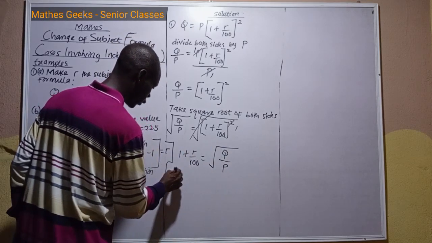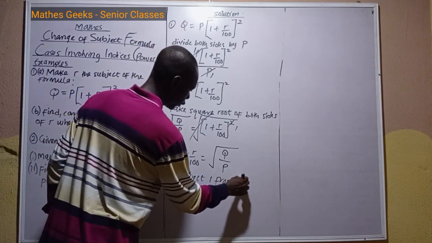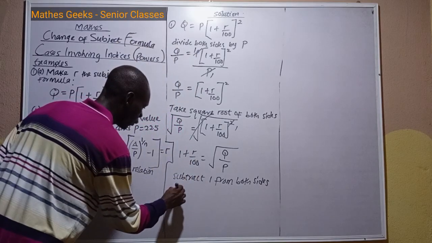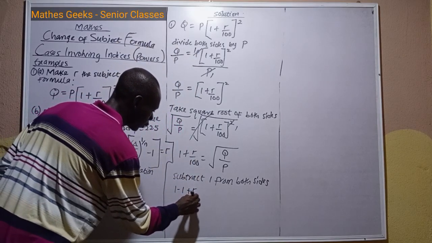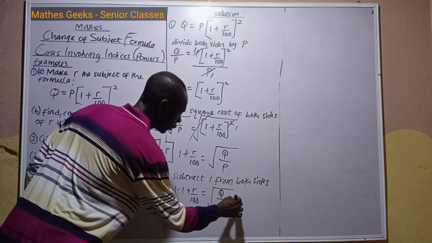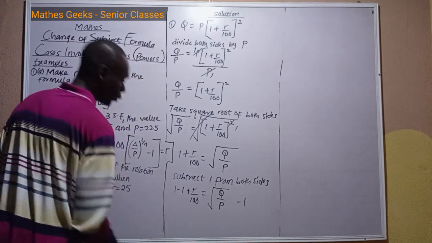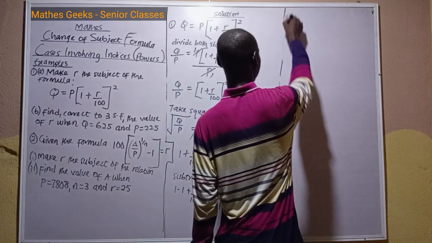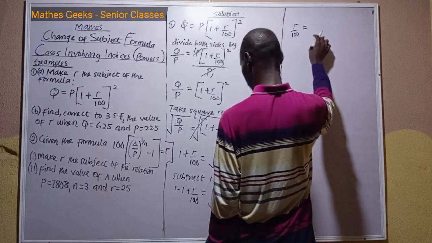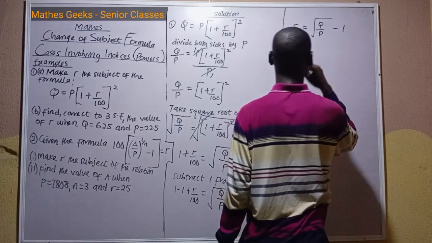To do that, subtract 1 from both sides. 1 minus 1 plus R over 100 equals the square root of Q over P minus 1. 1 minus 1 is 0. R over 100 is equal to the square root of Q over P minus 1.